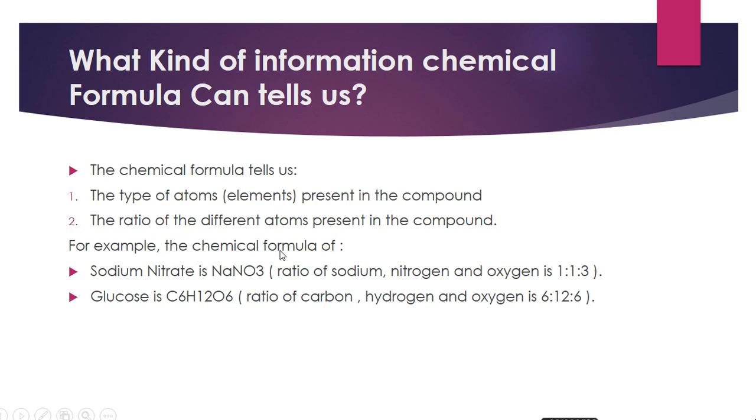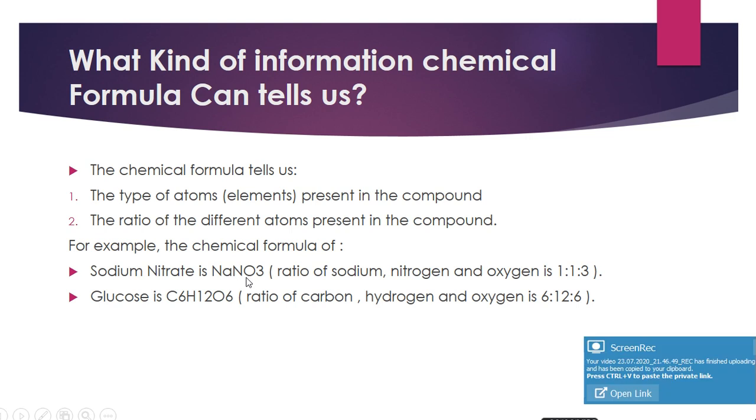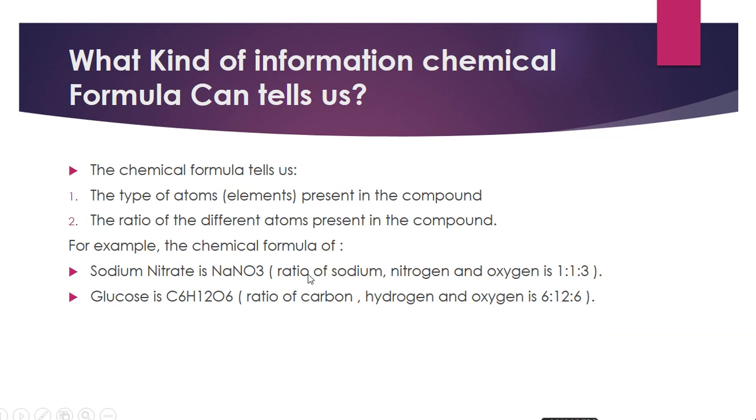For example, the chemical formula of sodium nitrate is NaNO3. Now, it tells us about the kind of atoms, means elements: Na, sodium, N, nitrogen, O, oxygen. So, this is kind of elements and ratio of different atoms also. So the ratio of sodium, nitrogen and oxygen is 1:1:3.